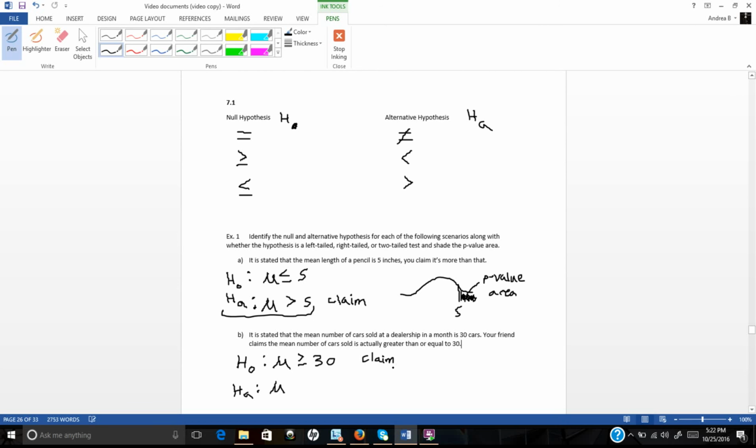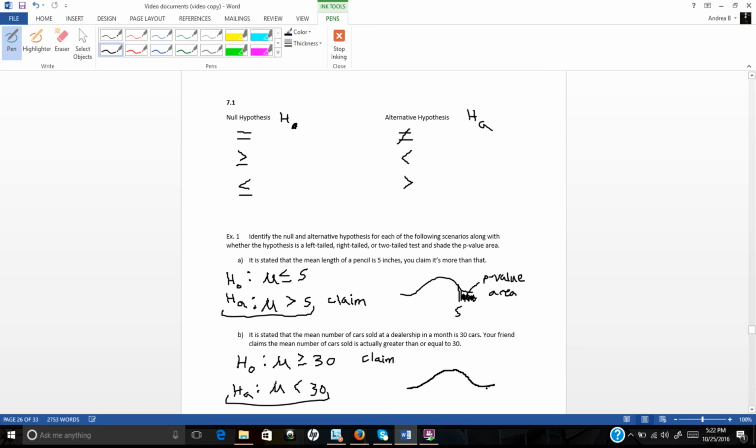That'll also make a difference in terms of doing interpretations later on, which we'll go through a little bit in example 2 once we get to that video. If we have greater than or equal to for the null, the opposite of that would be a less than case. That would be the alternative. And like I said before, the graph for the p-value always has to do with that alternative. Whether the claim is the alternative or not, the alternative is what's used to do your sketch of the p-value.